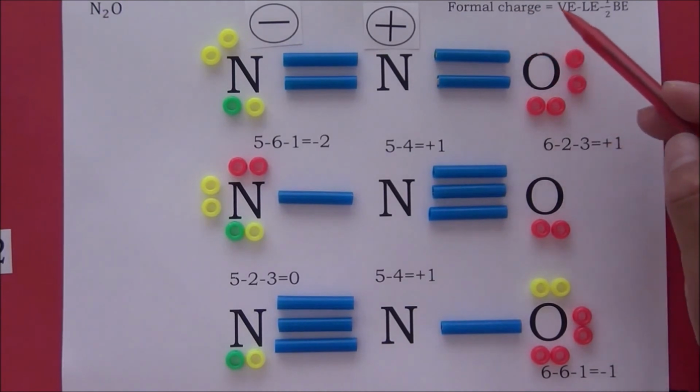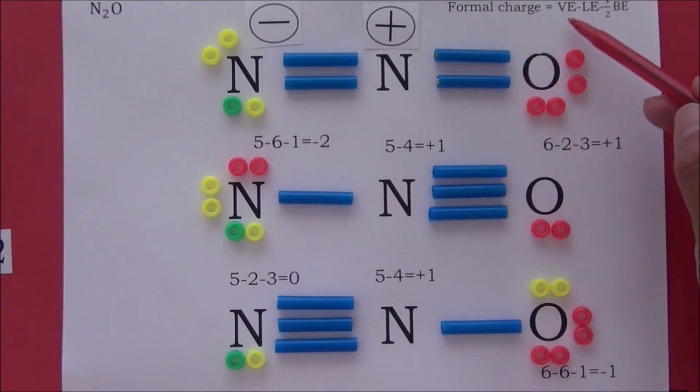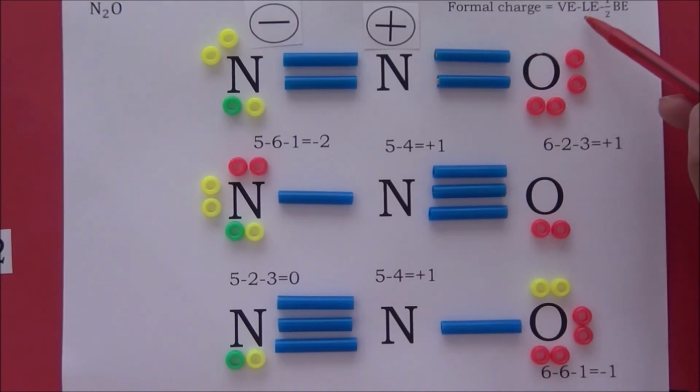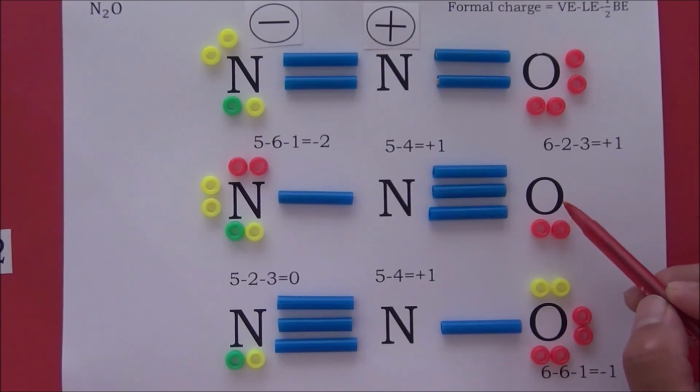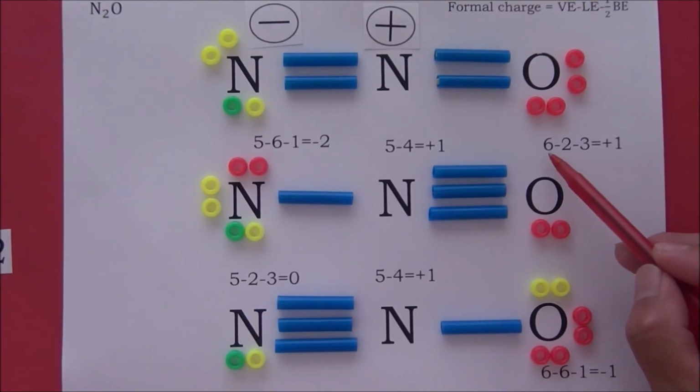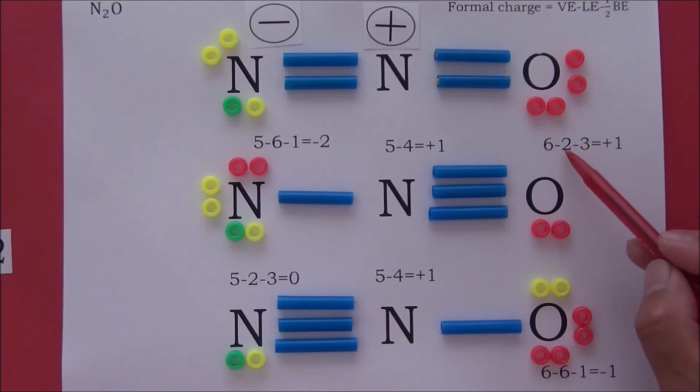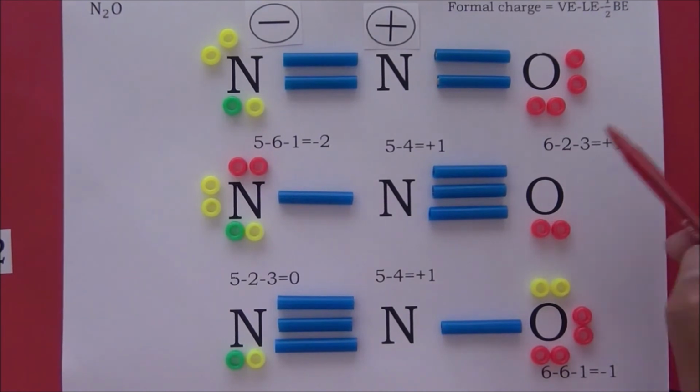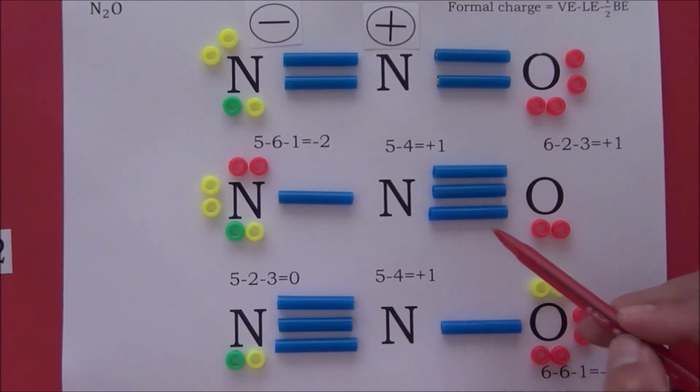The formal charge is equal to the number of valence electrons minus the number of lone pair electrons minus half of the bonding electrons. Half of the bonding electrons equals the number of bonds. For the oxygen atom, it has 6 valence electrons, minus 2 lone pair electrons, minus 3 bonds.